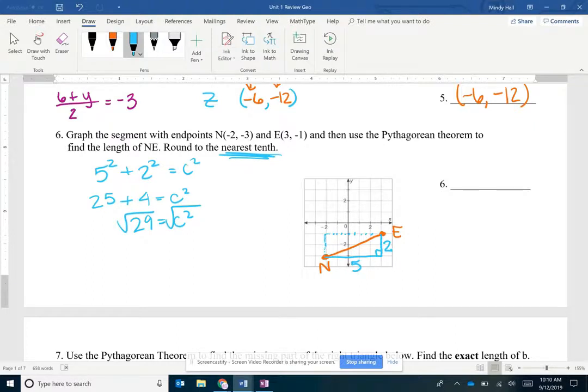So the square root of 29 gives me about 5.385. Nearest 10th tells me I'm looking at the 3. The 8 tells me to round up. So my answer is 5.4 units.